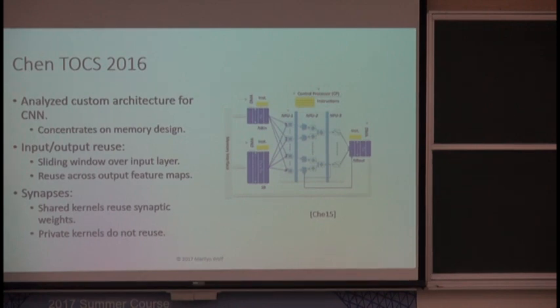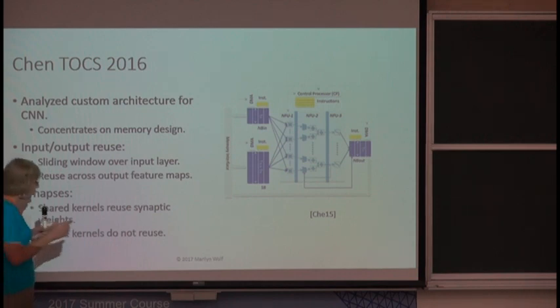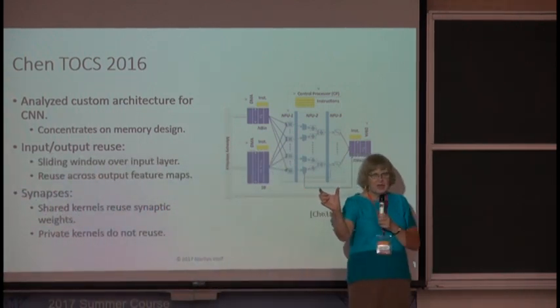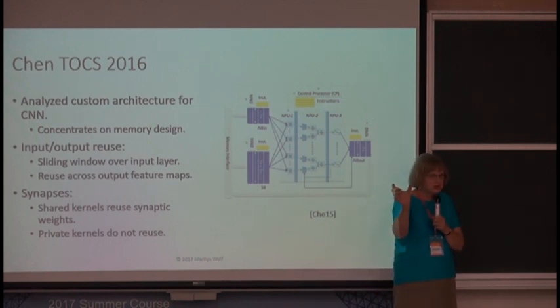And they worried a lot about how to reuse, which relates back to the loop organization that we talked about. They look at it as a reuse issue, but you can also cast it as a loop optimization problem. So you have a window over the inputs that you're sliding through this larger set of inputs.